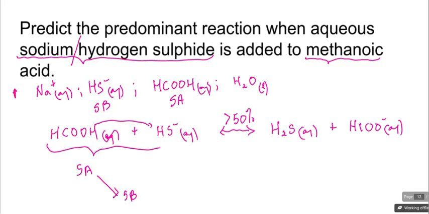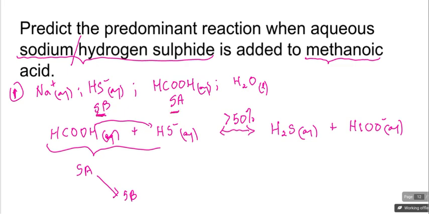This is our list of the species present. The second step was then to identify which were the acids and bases in this list, and then to pick the strongest acid and strongest base.